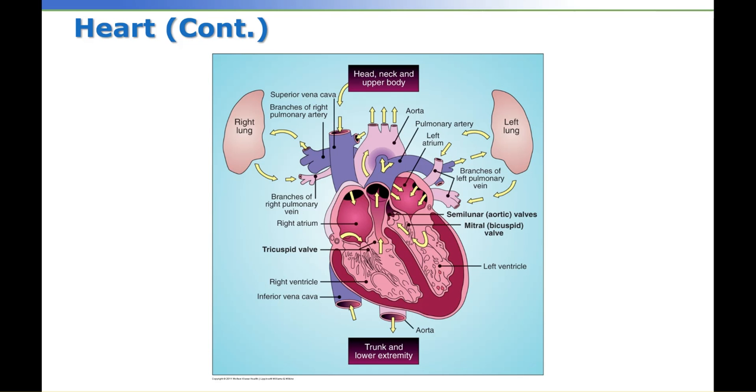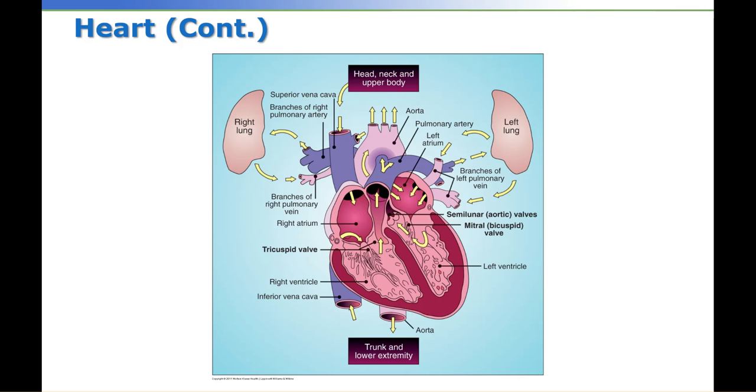The right atrium then goes through the tricuspid valve into the right ventricle, and then up into the pulmonary artery to get oxygenated, where you have the alveoli in the lungs, and the blood gets oxygenated, and also the CO2 gets expelled from the lungs in the breath out.